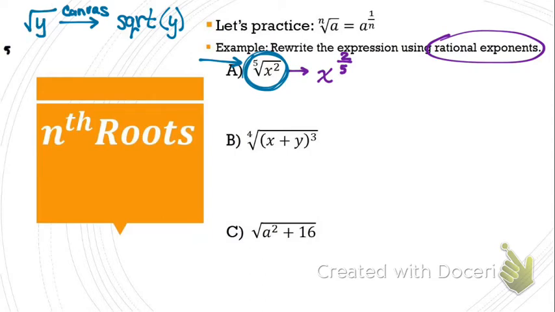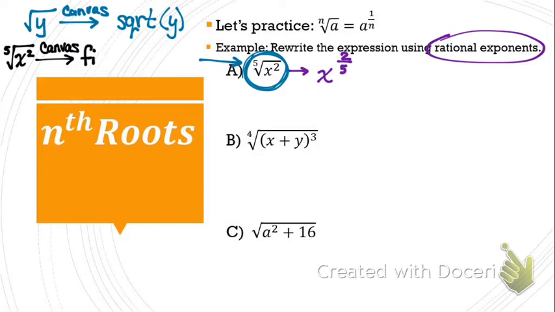For something like the 5th root of x squared, I can't write square root because it's not a square root. So I'm still going to keep the abbreviation for root, but I'm going to type out 5th since it is a 5th root.